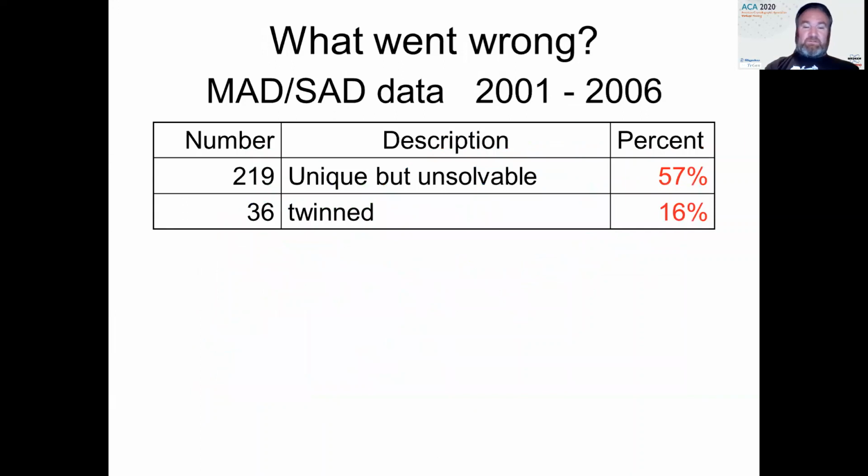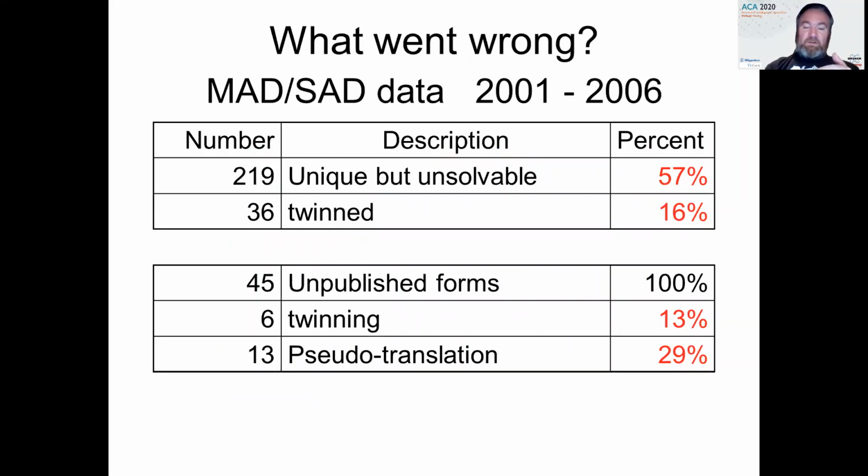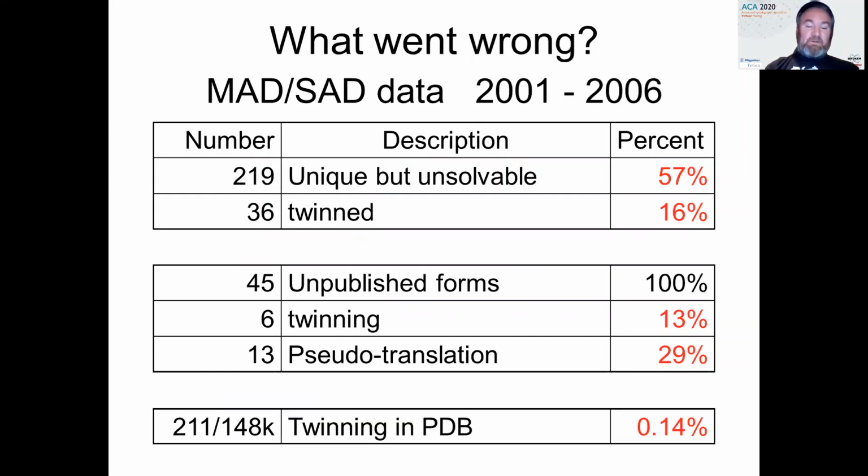So I've taken a look at some of those. Of those, about 1 out of 5 are twinned. And if we look at the unpublished forms, again, twinning is part of the problem, but pseudotranslation is also a really big problem. This is looking at solutions that we were able to solve using sequence-independent molecular replacement.